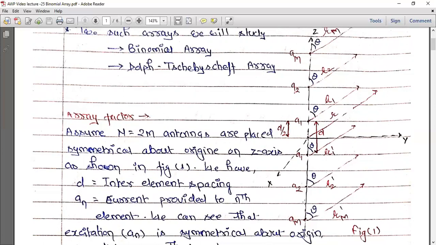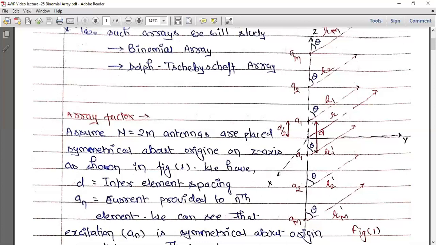That means if the first element on the positive z-axis is placed at a distance d by 2 with excitation a1, then another element with the same excitation a1 will be placed at z equals minus d by 2. If an element is placed at a distance z2 with excitation a2, then another element with the same excitation a2 will be placed at z equals minus z2, and so on. I hope that makes sense.